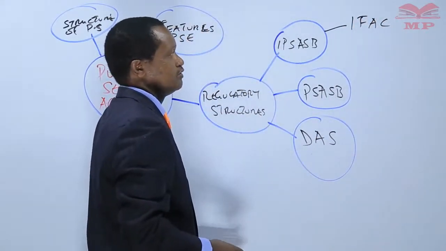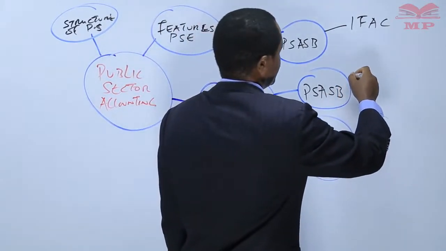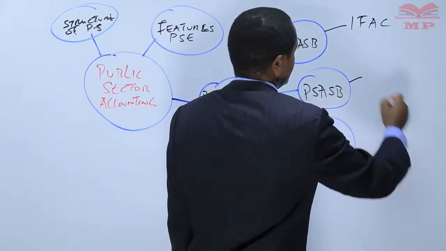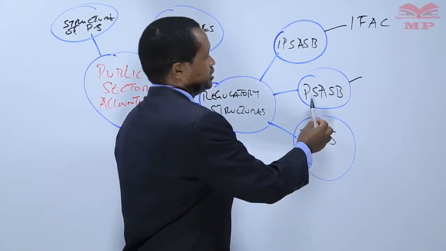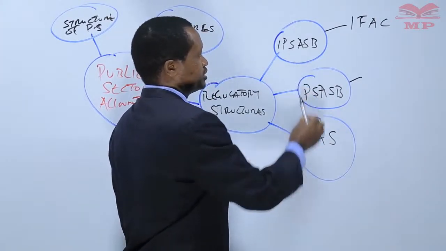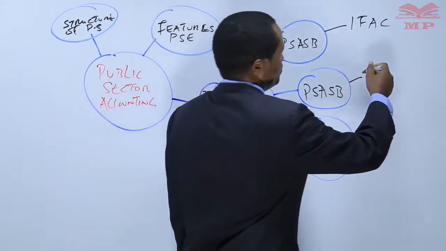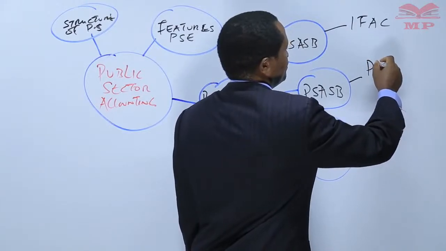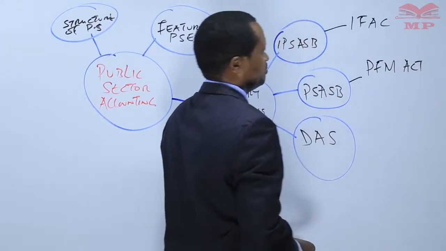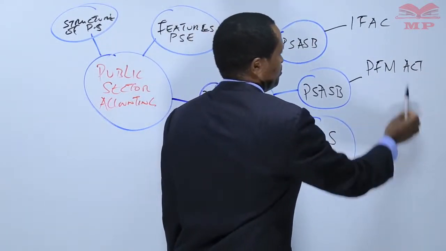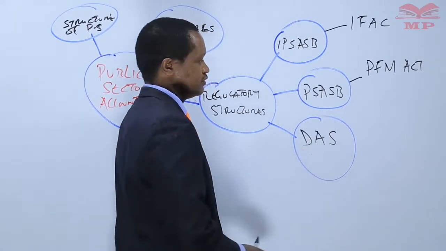And the Public Sector Accounting Standards Board, we saw that this is a Kenyan version of the International Public Sector Accounting Standards Board, and it derives its mandate from the Public Financial Management Act. That's where it draws its mandate from.